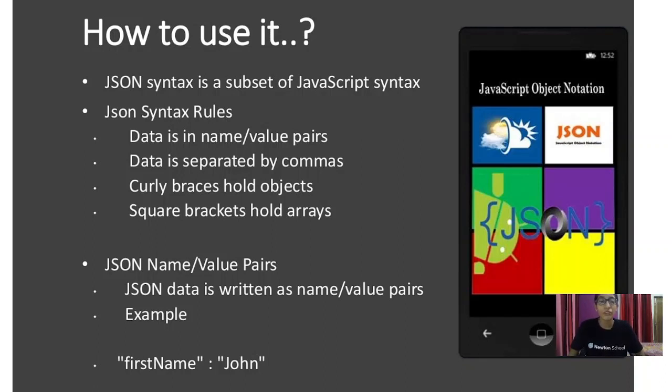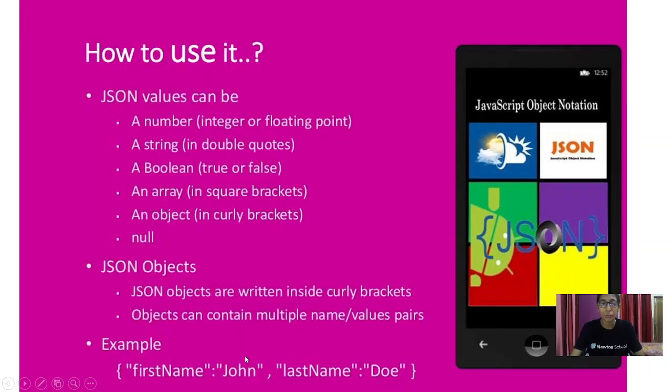A JSON name and value can be written like the example, first name is John. Here we have the key and the value, just like in dictionaries. In dictionaries we use curly braces. In this, first name is the key and the other part is the value.